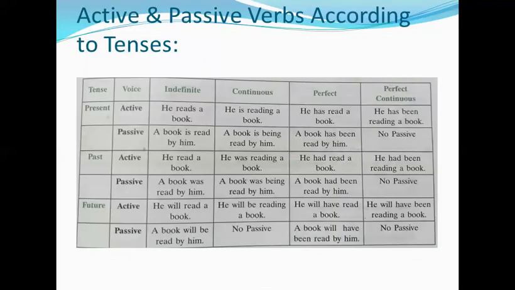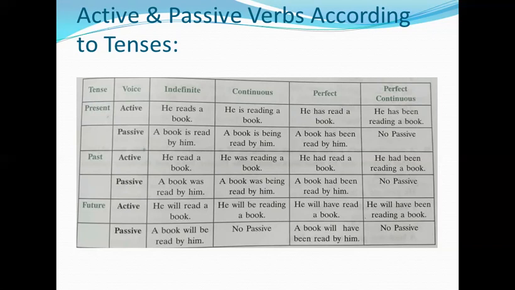To change sentences of various tenses from active voice to passive voice, we have to change active verbs into passive verbs. For example, in present indefinite tense, if a sentence is, we read a book, it will change to, a book is read by us.